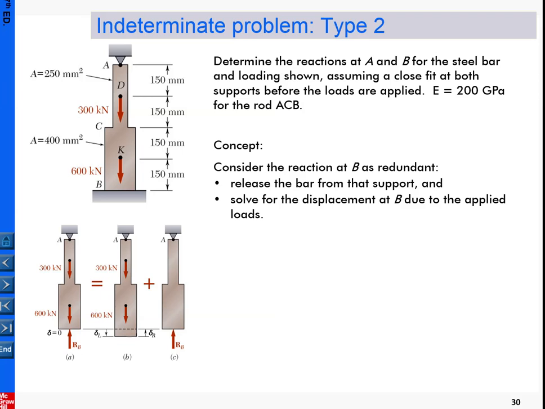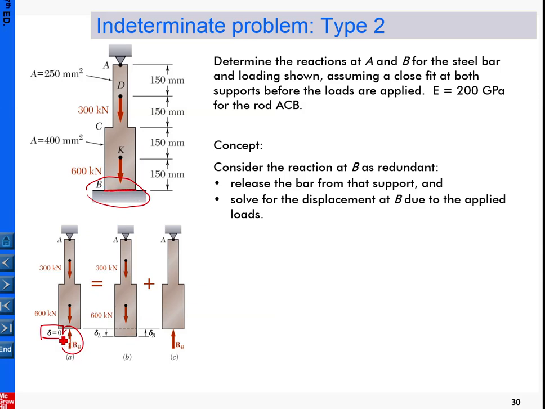Okay. Let us look at one practical example here. So here we want to determine the reactions at A and B. So let us take the second method as the solution strategy. And I pick B to release the constraint B by the unknown reactions, and also I set the displacement at B equal to 0.